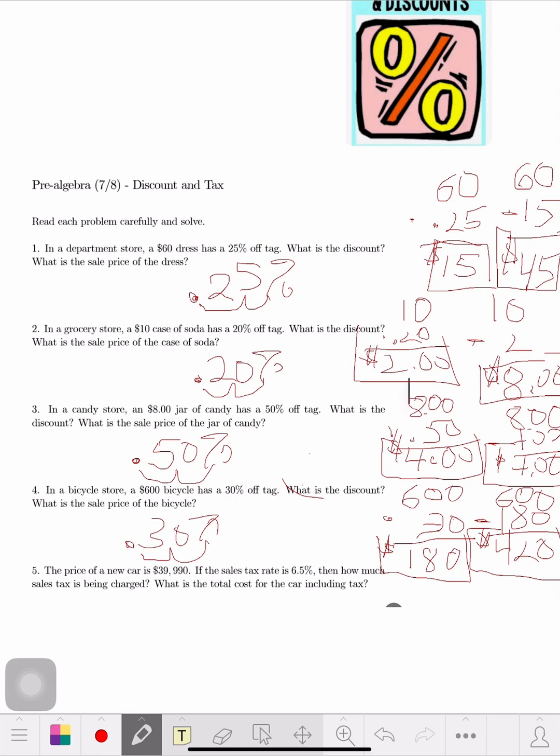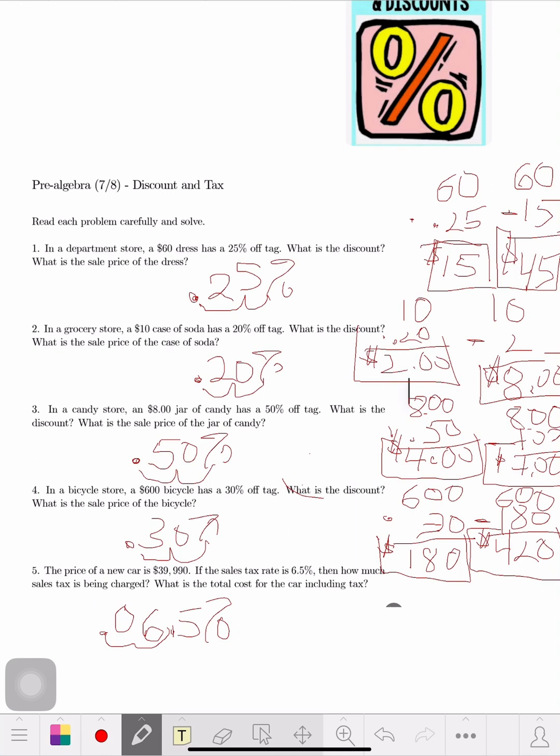So let's see, we got 6.5, so we're going to write 6.5%. We want to convert this into a decimal. 1, 2, so we move 2 places over. So it's 0.065 that we have for a decimal.